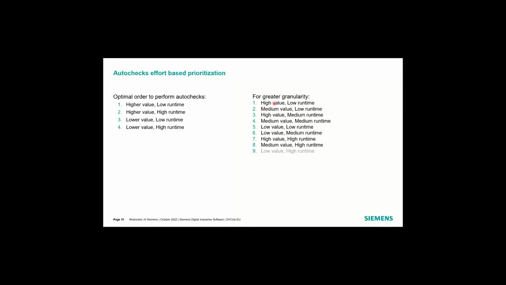Based on that, you can come up with a greater granularity, so high value, low runtime, for example. FSM checks are of high value. Whether they are reachable is low runtime. Of medium value, you may be looking at transitions and so on. Low value, high runtime could be, for example, toggle checks on some internal things that may actually require some configuration to be constrained to put them in that configuration.